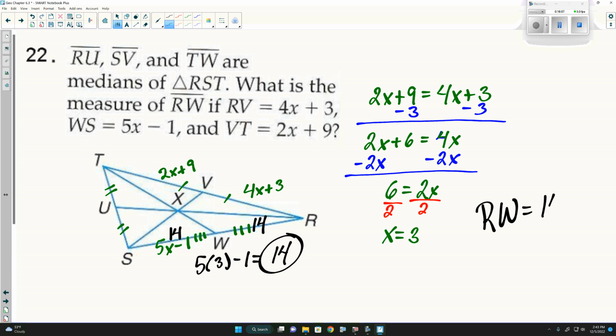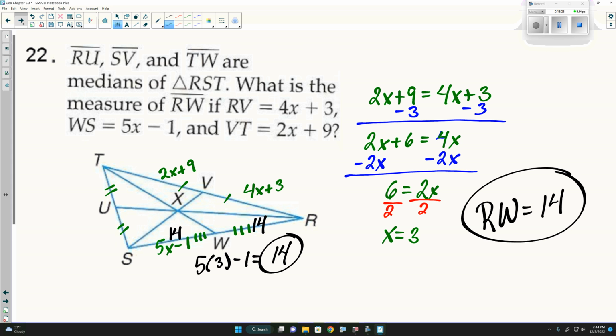So RW is 14. The length of SR would be 28 if we wanted the whole line. Questions on any of this here?